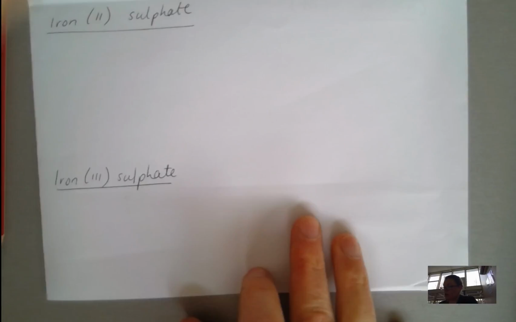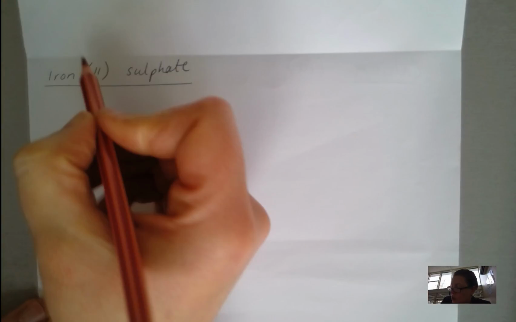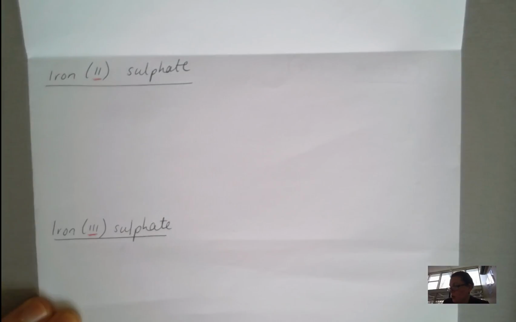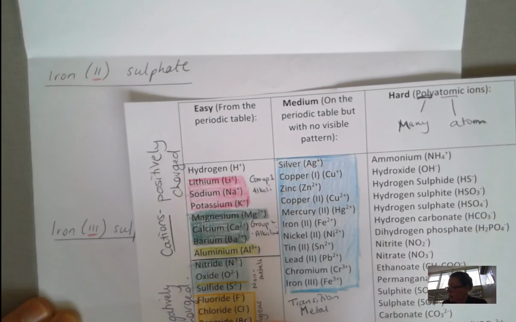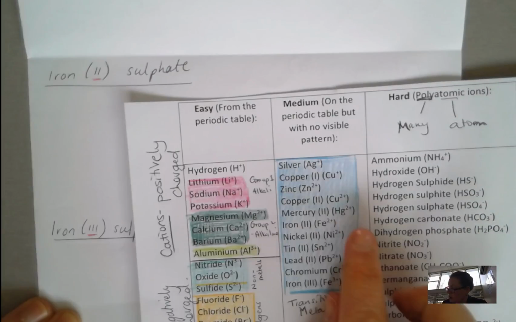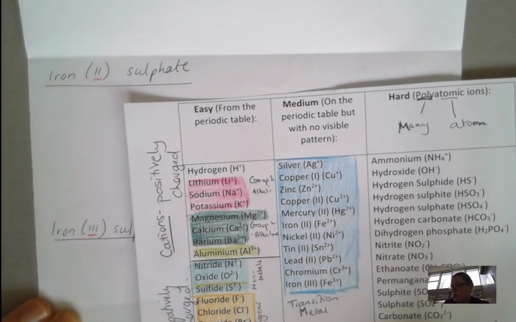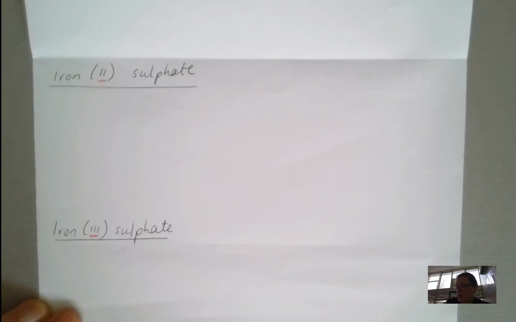Now, we'll look at some transition metals, because I did say that we needed to look at those. What indicates that it's a transition metal is the Roman numeral here, and it tells us which one is involved in the reaction. So, iron 3 has a 3 positive charge. Iron 2 has a 2 positive charge. So you can start to work this out. Sometimes tin and lead can have a 4 positive charge, but that will be indicated with the Roman numeral IV, which is an I and a V. We're not dealing with those today.